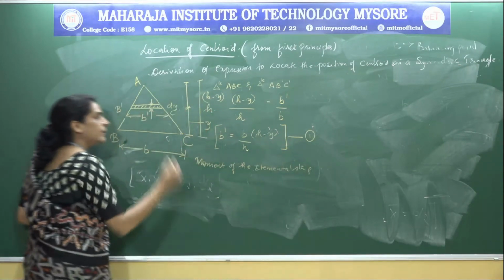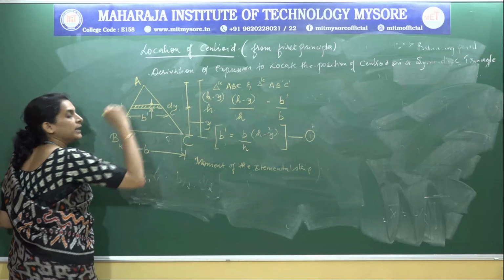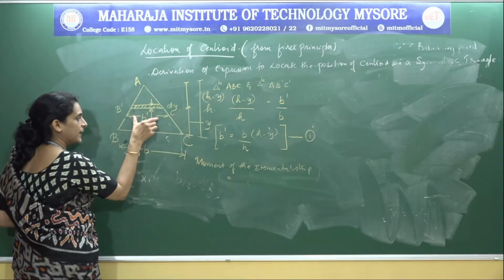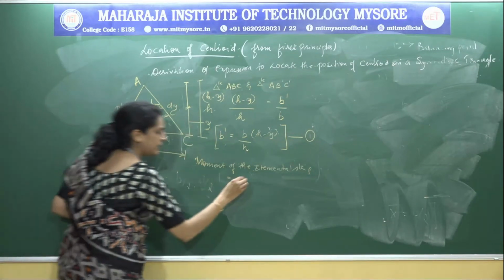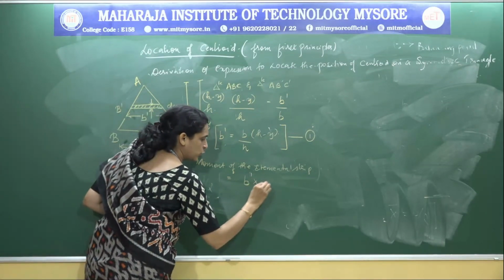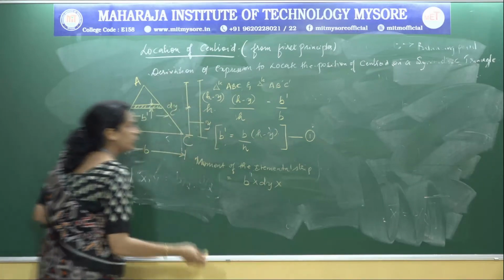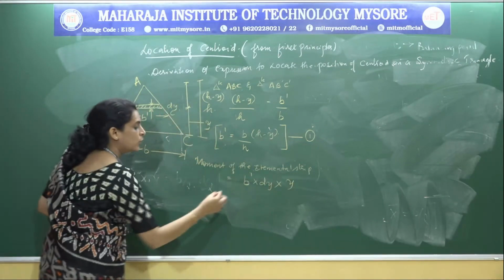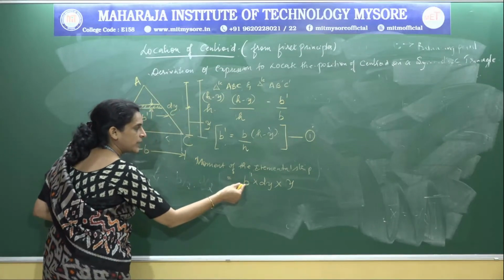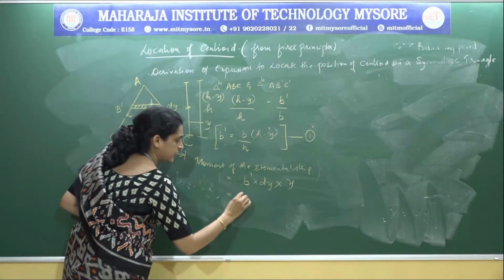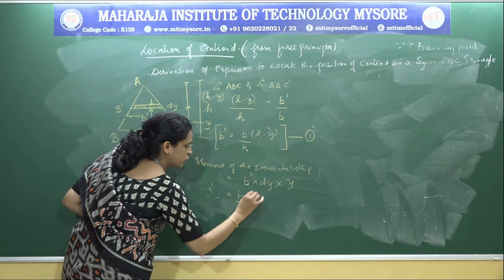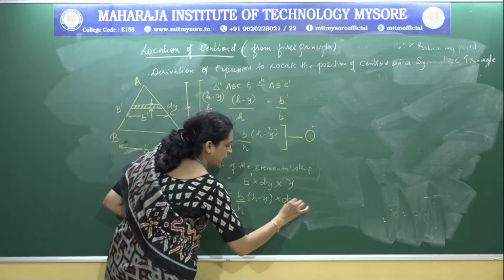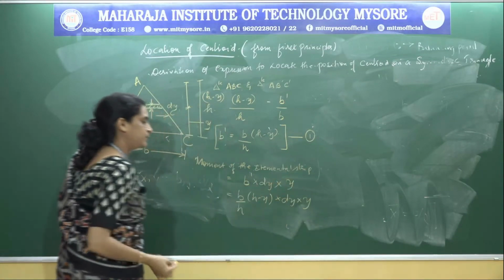We can just see this strip is a rectangle. So now here it is b dash into dy into the perpendicular distance y. So now substituting the value of b dash here, b by h into h minus y into dy into y.